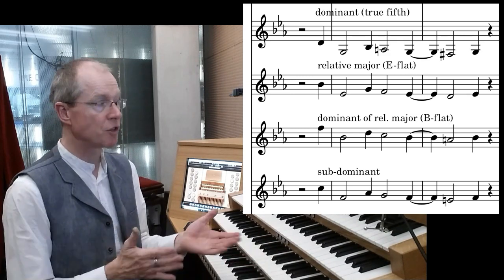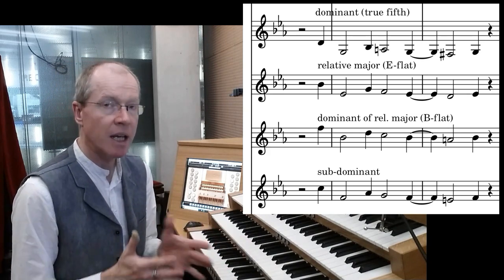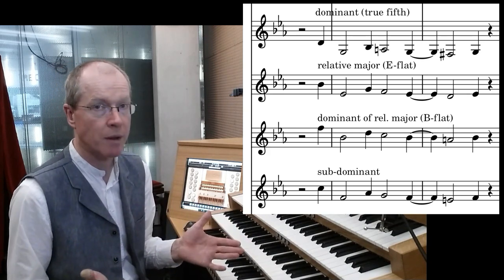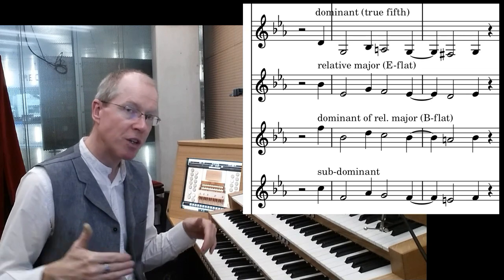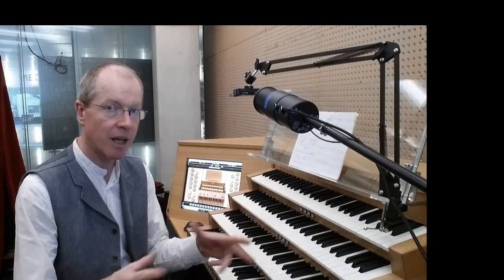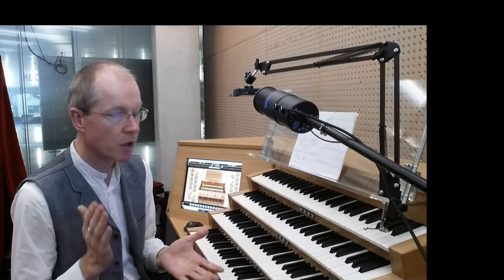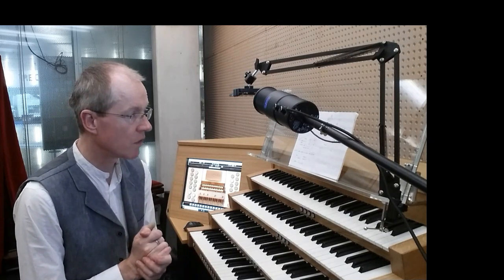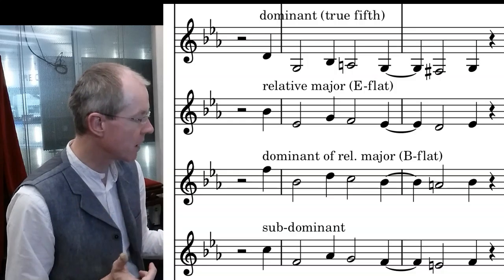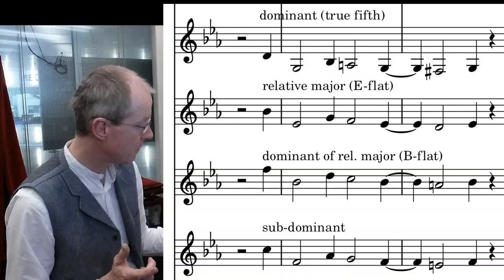Now, it doesn't matter which order those keys come in, we can take our chances with that, but we have this opportunity of a beautiful coming out of the dark C minor into these bright and comforting relative major keys. The other one that I would stick to at this stage is the subdominant, which is F minor, very closely related to C minor.